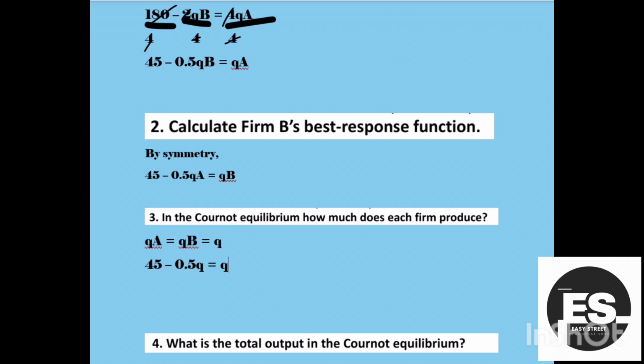We leave Q as Q, and then this is how we solve it.